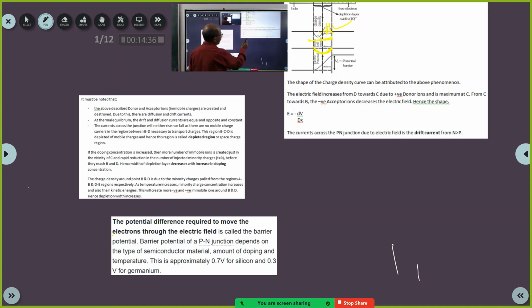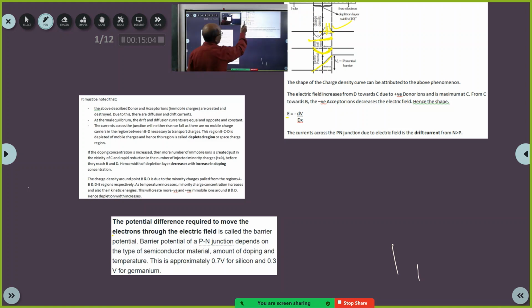Now yesterday, we saw that the electric field is related to the potential by minus dou V by dou X. If you differentiate this potential curve, then you are going to get the corresponding electric field.